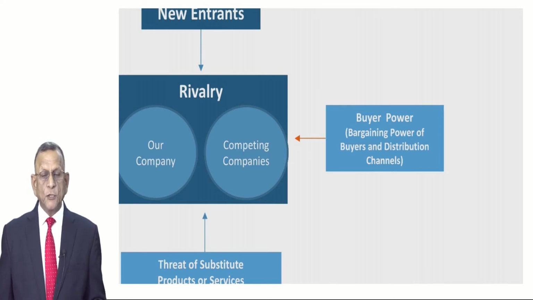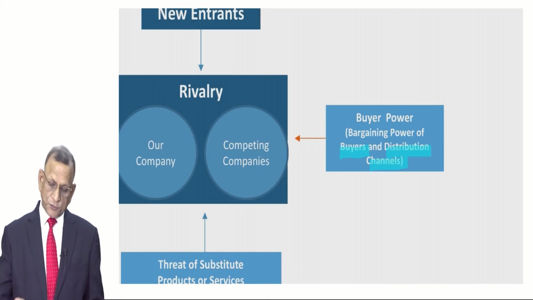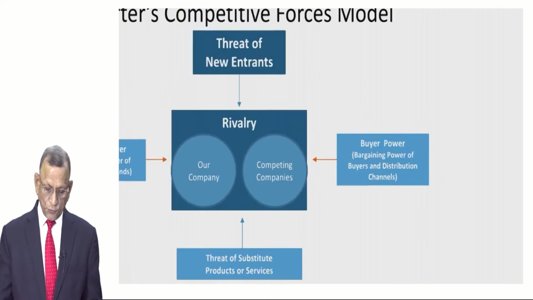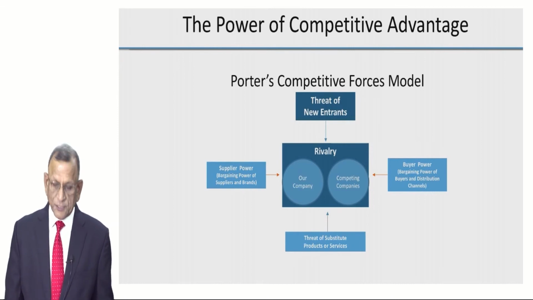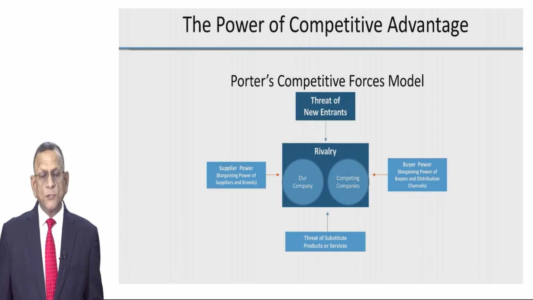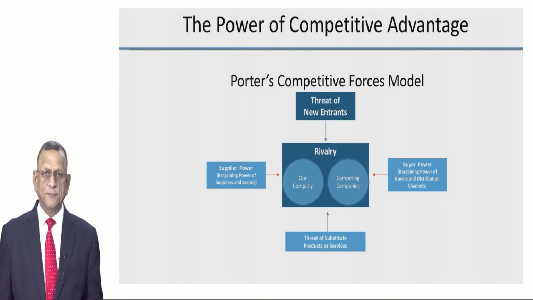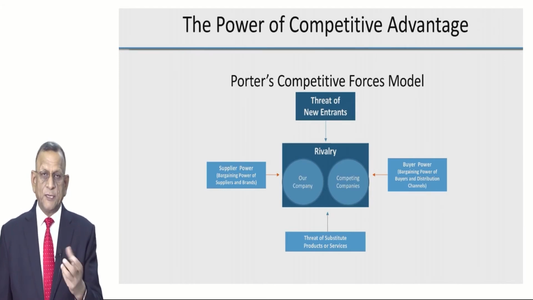Your buyer may be a direct consumer, or your buyer may be a distribution channel. So, the distribution channel can also bargain with you. Let me assume that you are producing milk. Can you supply the milk to every consumer yourself? Maybe, maybe not. By and large, you are taking help of a channel for distribution. So, that channel is demanding its margins.